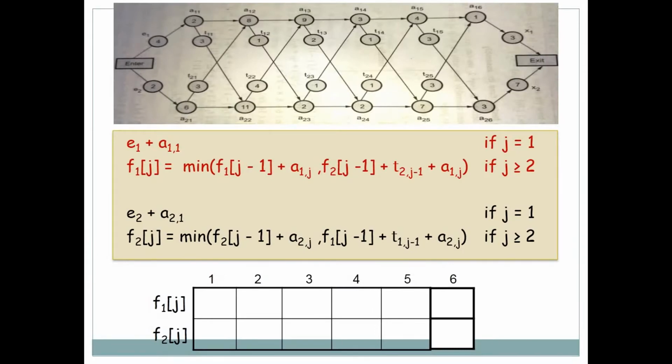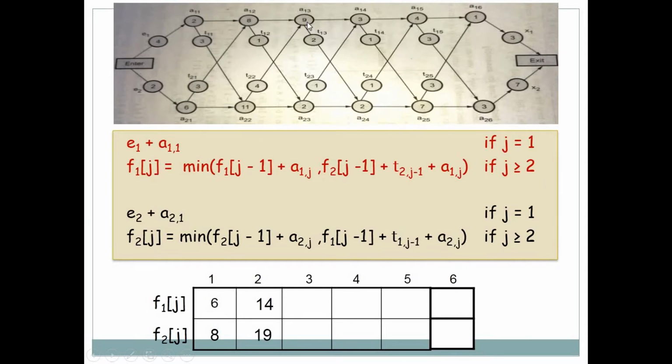This is another example. So for this example, if we find this, then at this station the minimum cost will be 4 plus 2 is 6. At this station 6 plus 2 is equal to 8. At this station the minimum cost will be 14. At this station the minimum cost will be 19.